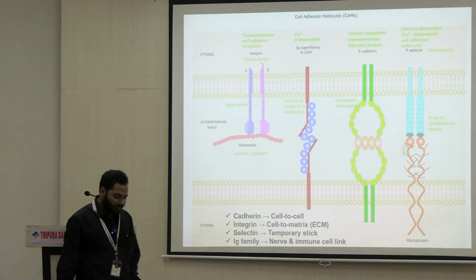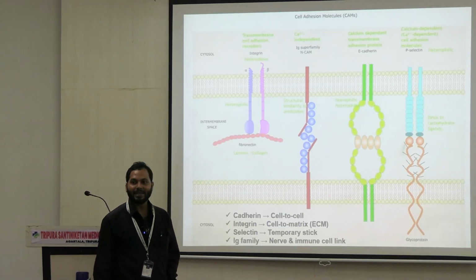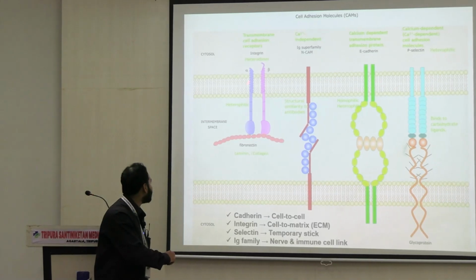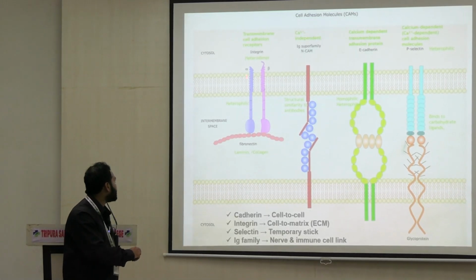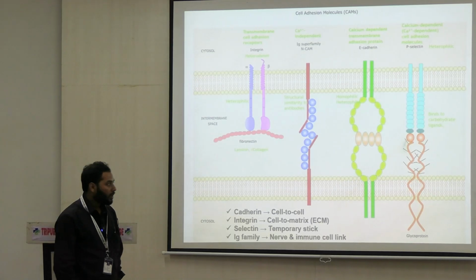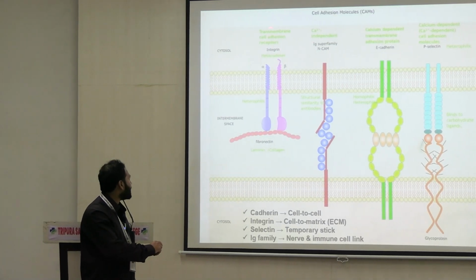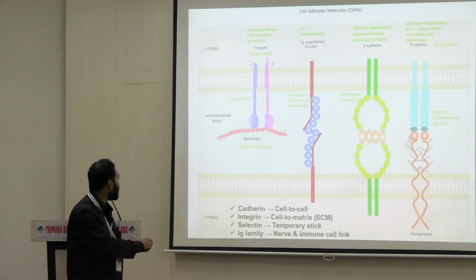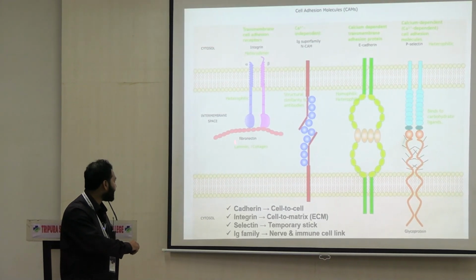The structural feature of this integrin is that it is a heterodimer, right? It is made up of 2 strands: an alpha strand of integrin and a beta strand of integrin, right? It is also a transmembrane protein. The most important thing is it connects the cell with the cell matrix.